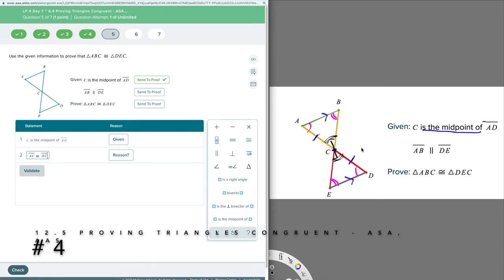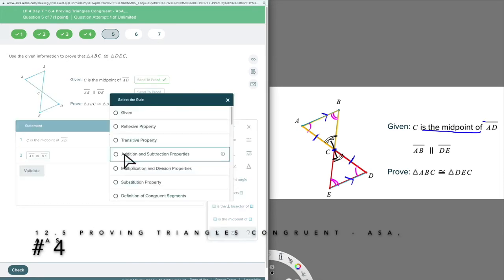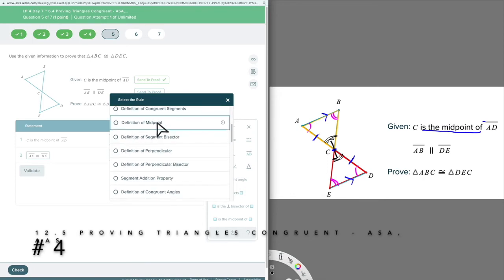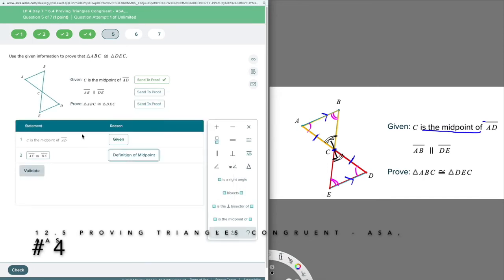So AC is congruent to DC. If you put this backwards, if you put AC is congruent to CD, I don't think it would mark you wrong. The segments aren't as picky about the corresponding order. I'm just really picky about it. I think it's good practice to always put them in corresponding order. So this is the definition of a midpoint. We're just defining what midpoint means.